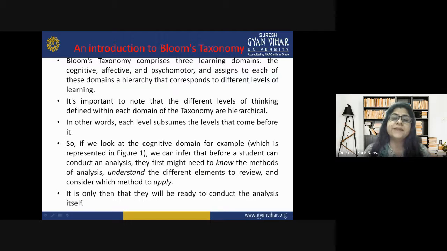Now let's understand how it developed. Benjamin S. Bloom, who was born in 1913 and died in 1999, attained degrees at Pennsylvania State University in 1935. He joined the Department of Education at the University of Chicago in the 1940s and attained a PhD in education in 1942, during which he specialized in examining.